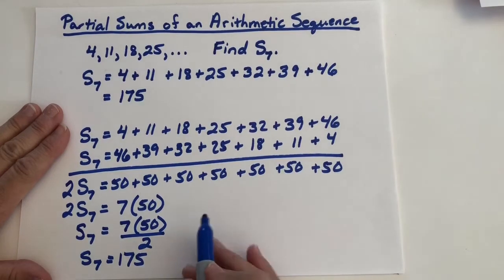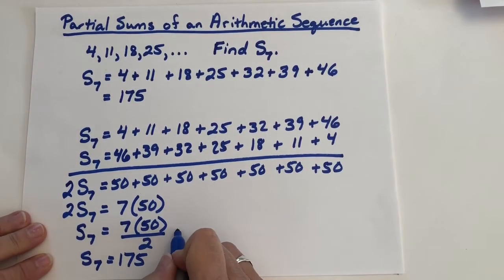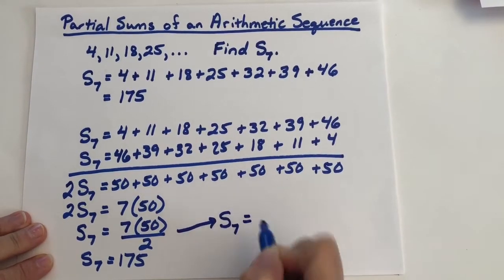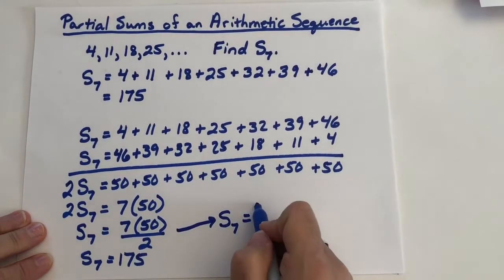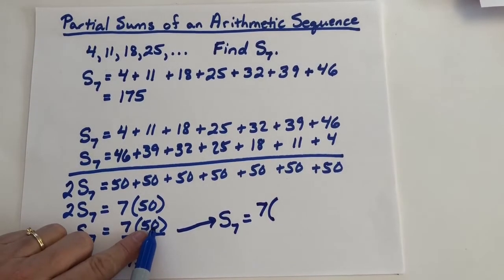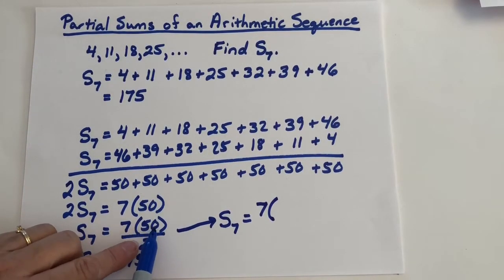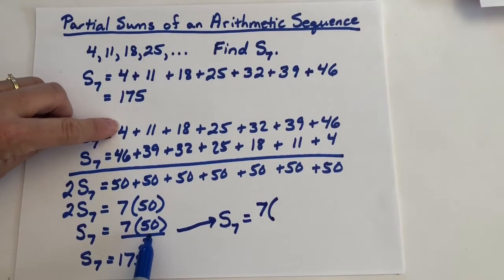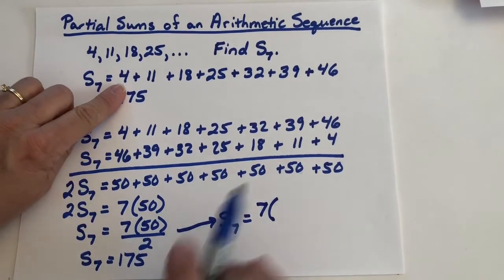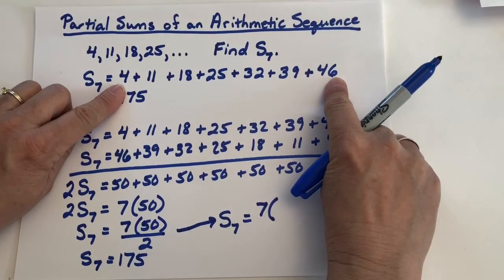I want to point out right here that the 7th partial sum right here was 7 times 50, and the 50 could be thought of as coming from this 4 plus this 46. In other words, the first term and the 7th term in the sequence.